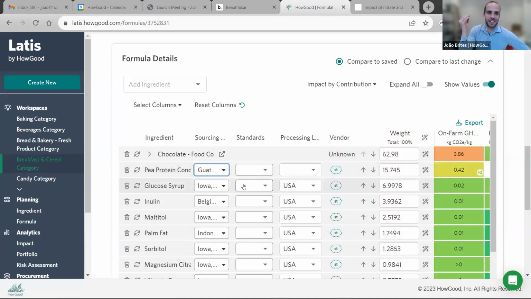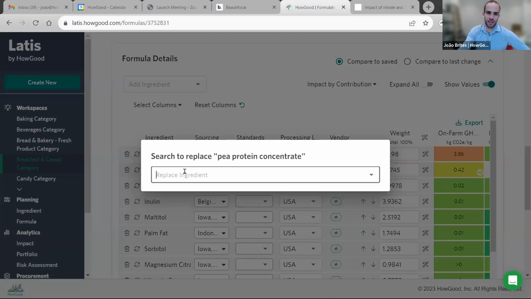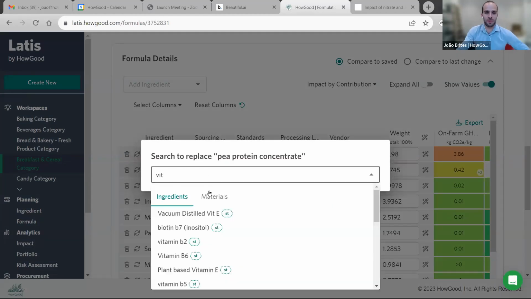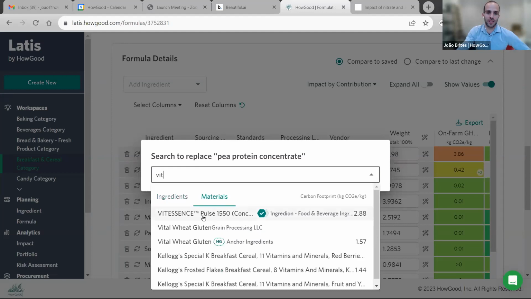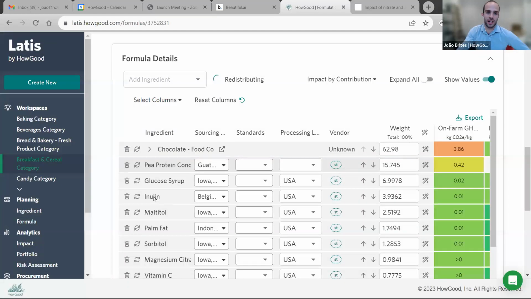But again, sometimes you don't just want to use an industry average. Sometimes you want to use a supplier-specific emissions factor. And so what happens if we actually go here and use an emissions factor specific for an ingredient, like an Ingredion VitaEssence product?